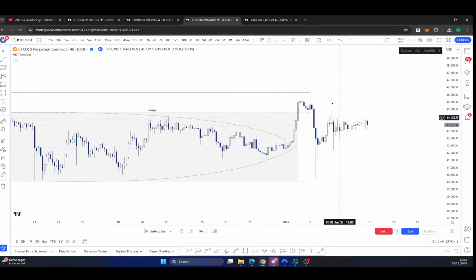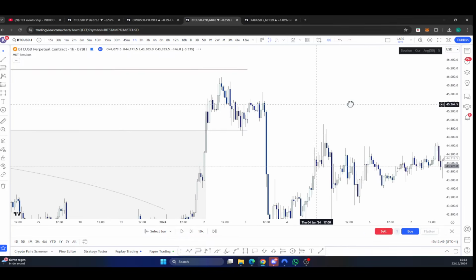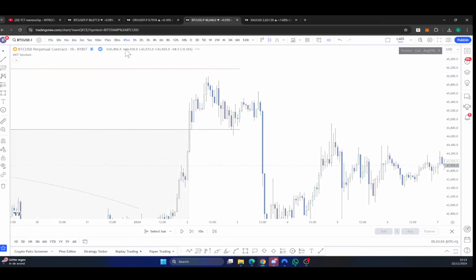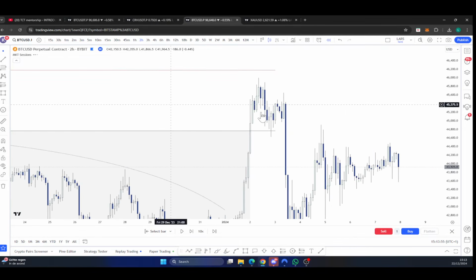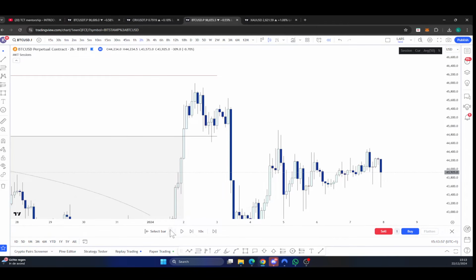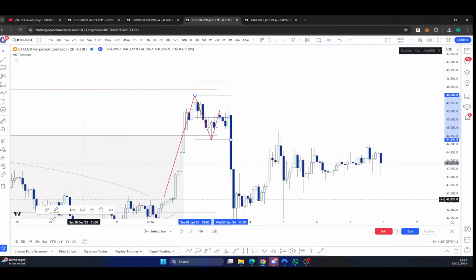Now, let's zoom in to the range that got created right here. Now, what you can see is that on the higher time frame, price is moving up, moving down, and then we had to move back up, okay? Making this your range formation right there.